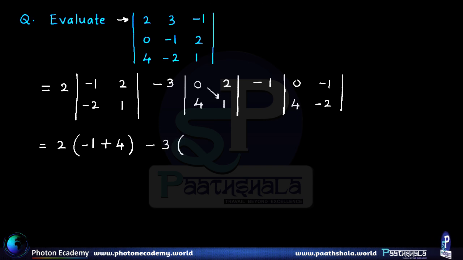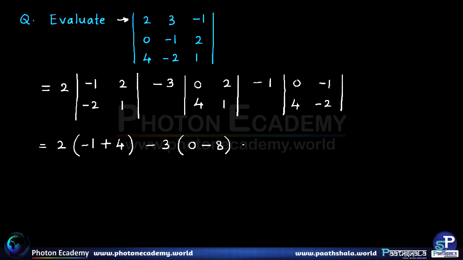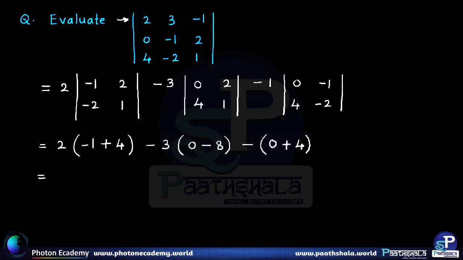Now the first product 0 into 1 is 0, therefore we have 0 minus the other product, which is 4 into 2, that is 8. Then minus into the bracket, similarly 0 into minus 2 is 0, and 4 into minus 1 is minus 4, but since it is to be subtracted it will become plus 4. So this gives us 4 minus 1 is 3, that multiplied by 2 is 6, minus 3 into minus 8 is plus 24, and finally minus 4. So that gives us 26 as the final answer.